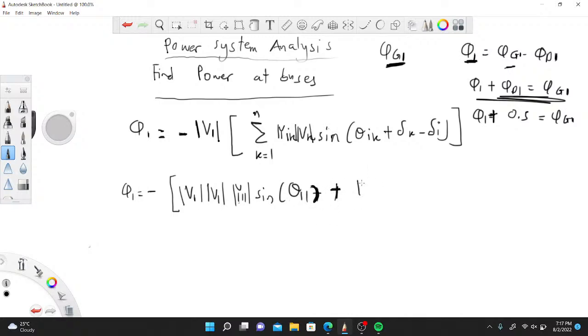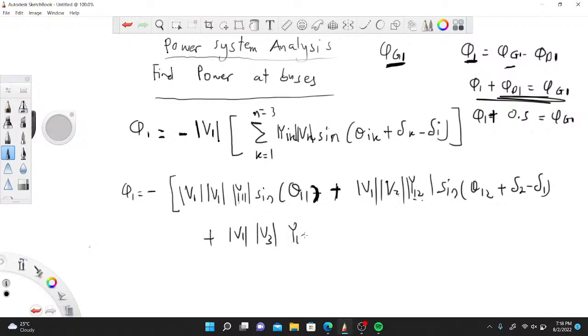Then plus V1 V2 Y12 sine of theta 12 plus delta 2 minus delta 1. Since n goes up to 3, plus V1 V3 Y13 sine of theta 13 plus delta 3 minus delta 1. Beautiful. So Q1 is given by these.